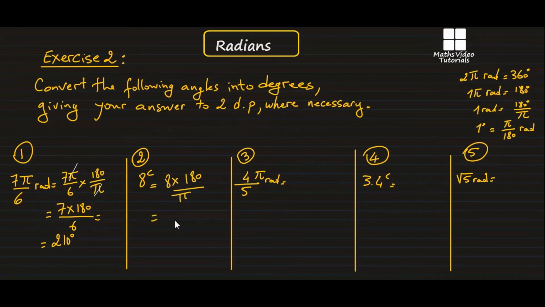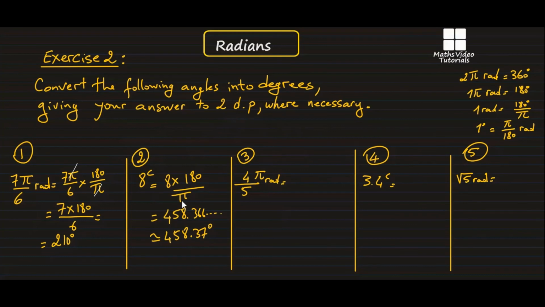Plug this in a calculator and you get 458.366 and so on, which will round to 458.37 because we are rounding to 2 decimal places.